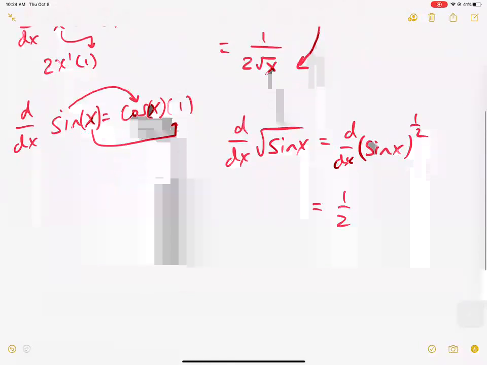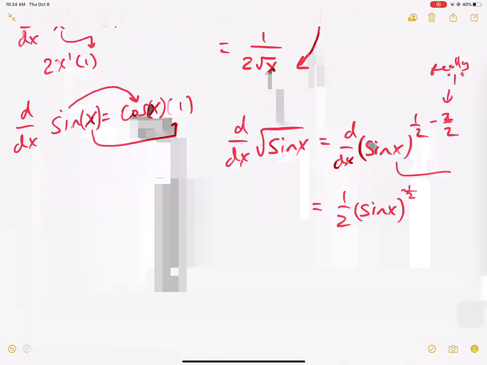That's 1 over 2 sine of x to the negative 1/2, because that's minus 2 over 2. Because we minus 1, really, that's 1. And then we chain rule it. The derivative of sine is cosine.